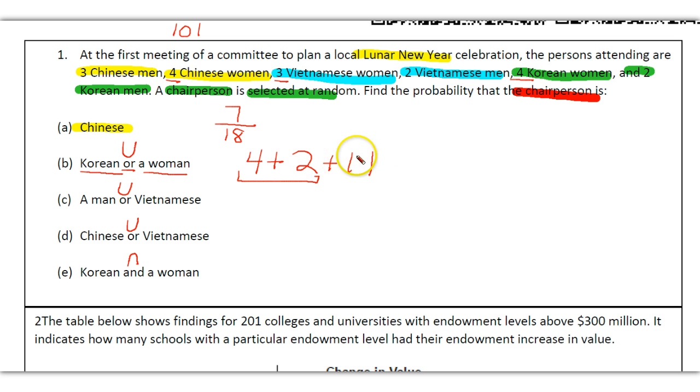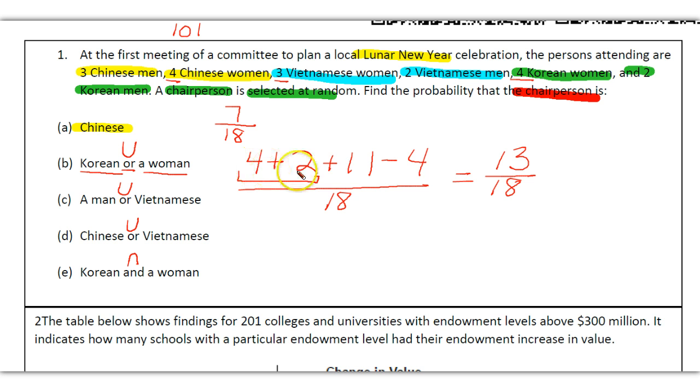And then now for women, we have 4, 3, that's 7, and then 4, that would be 11. But we've included these 4 already, so we would have to subtract these 4 from the 11, which are these 4 over here, and that would be over 18. So that would give us 13 out of 18.